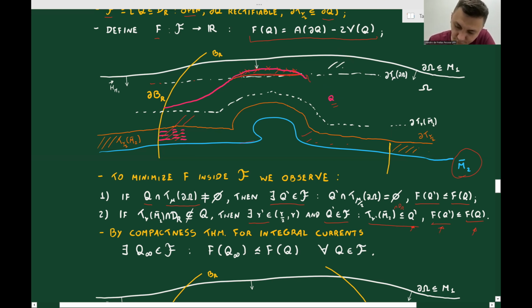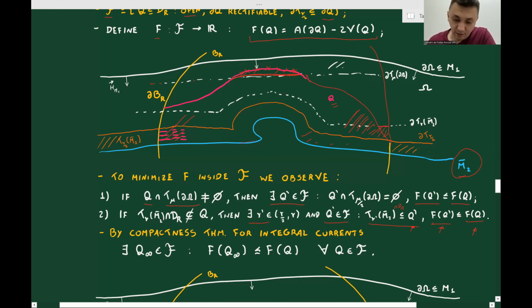I have also the ball here, and now the new subset Q prime will contain this tubular neighborhood.